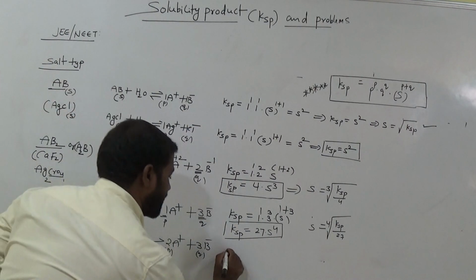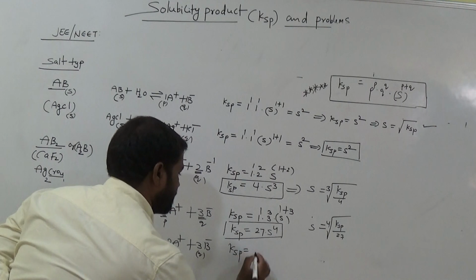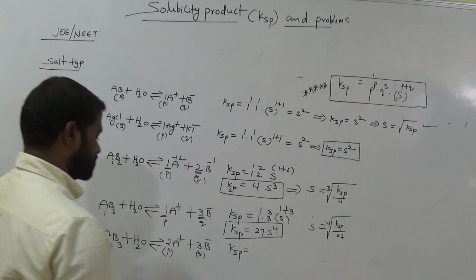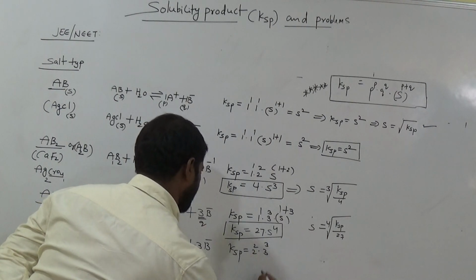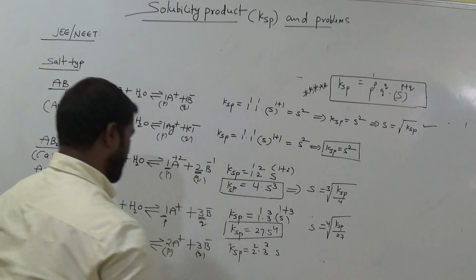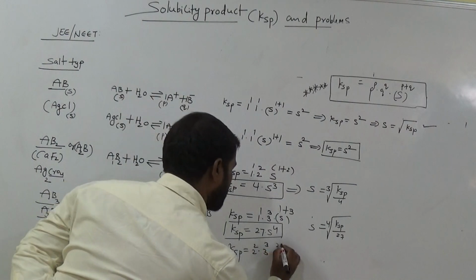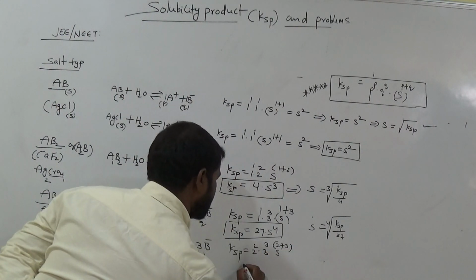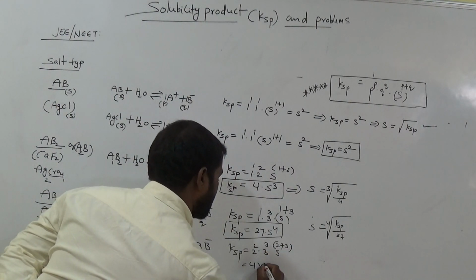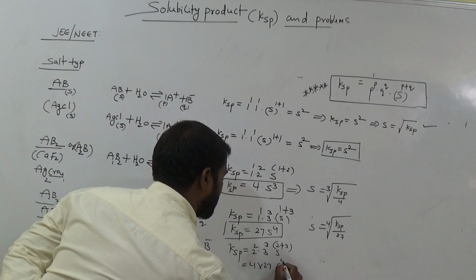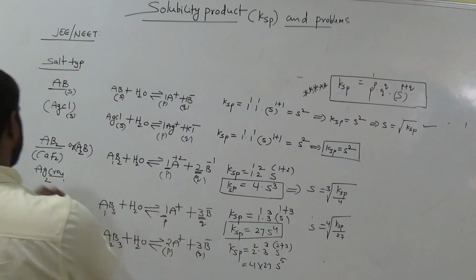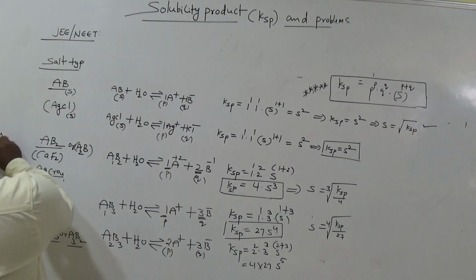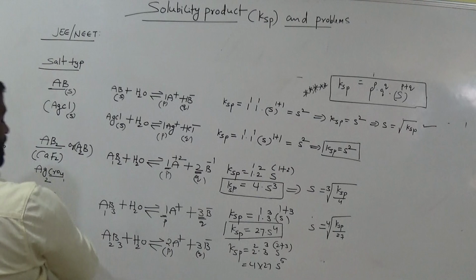Now from this one, Ksp equals to how much? Ksp equals 2 power 2 into 3 power 3 into S whole power 2 plus 3. Am I right? 2 plus 3. That means 2 power 2 means 4, into 27, S power 5. Am I right? 4 into 27, 108.